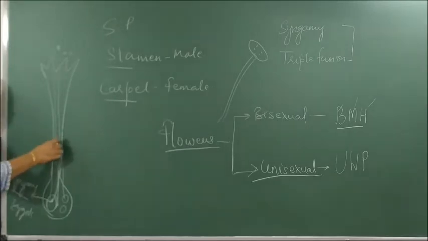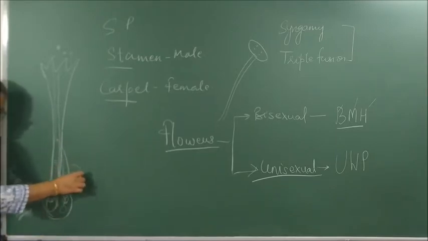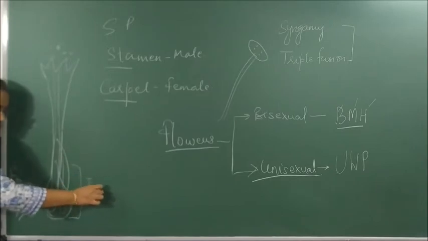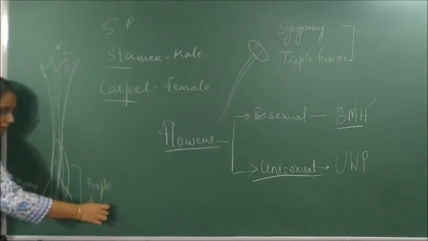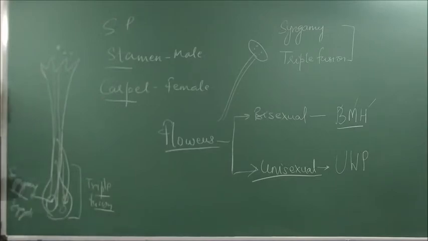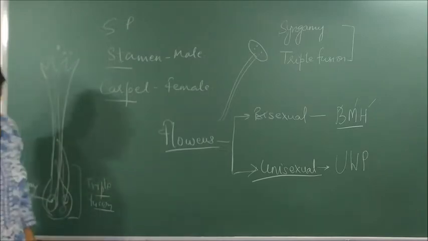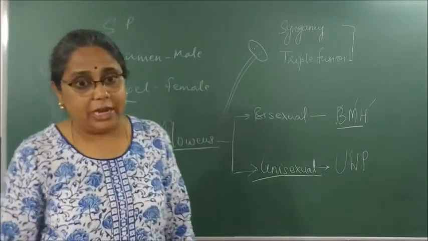So it combines and fuses with the 2 polar nuclei as 3 things are fusing together. This is called as what fusion? Triple fusion. Syngamy and triple fusion taken together is called as what fertilization? Double fertilization.